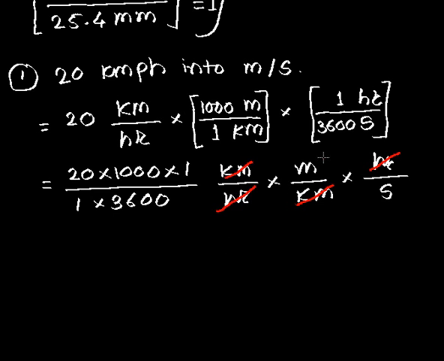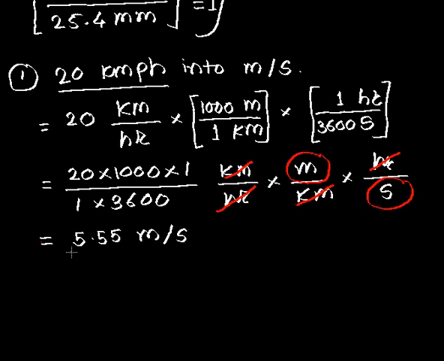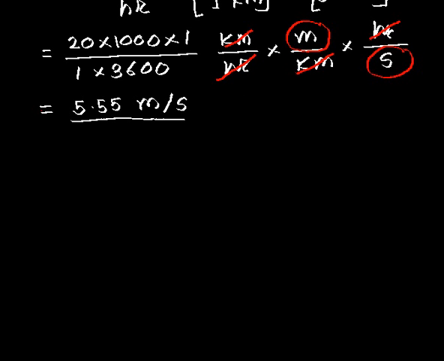What remains is meter per second, and after all the calculations the answer comes out to be 5.55 meter per second. So we have converted 20 kmph into meter per second using these two unity brackets. This is a very simple, very effective, very foolproof method, I say.